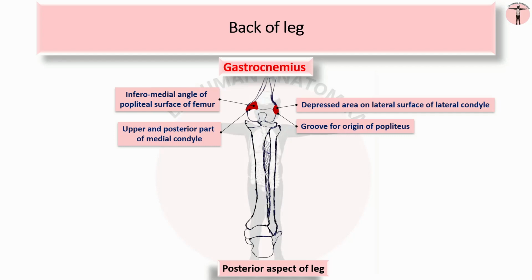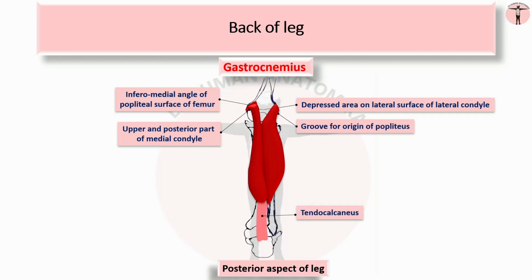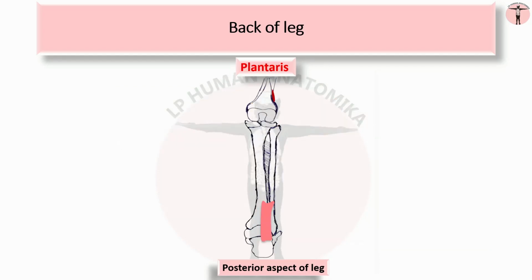The tendinous origin of medial head is separated from the capsule of knee joint by a bursa. Both the heads run downwards, join with plantaris and soleus to form a common tendon called tendocalcaneus. Through this tendon, all the four muscles are inserted into the middle 1/3 of the posterior surface of calcaneus.